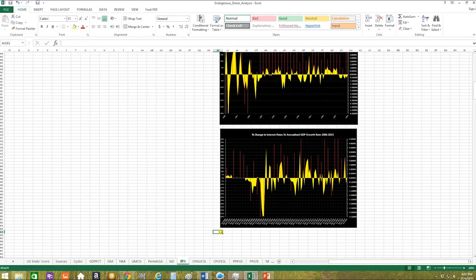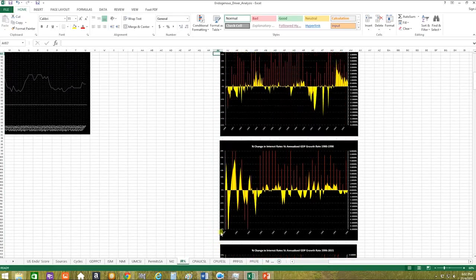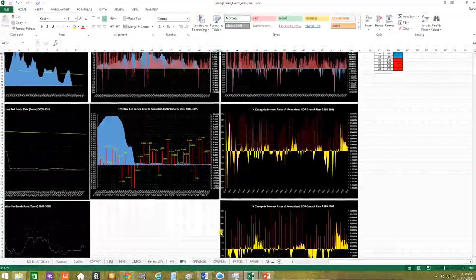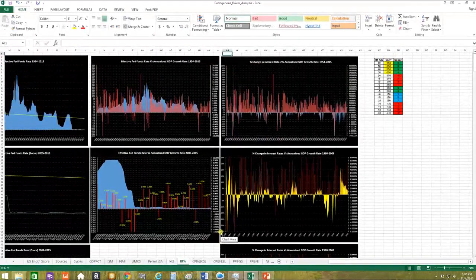All the data comes from the left-hand side of the spreadsheet. But in your own time, dig a little deeper, try to understand and learn the relationship between percentage changes in interest rates historically and the levels of annualized GDP growth rates that they are associated with at any one moment in time, and compare them across the spectrum.